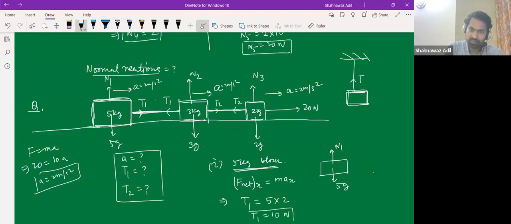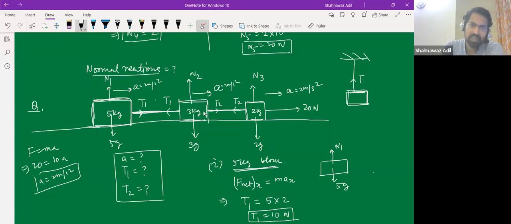Sir, we can use it like this also. Yes. I thought we can't use M into G. No, M we already know, this is a 5 kg block, and acceleration we have just calculated.